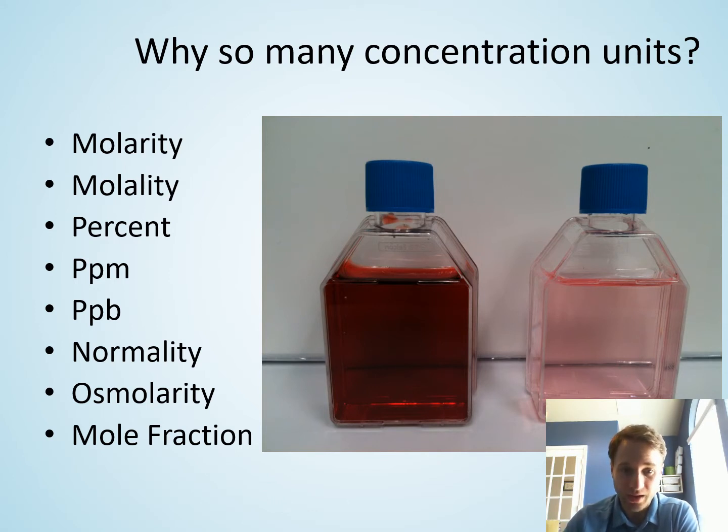Because if you were to describe those same things using molarity and molality, you'd have a very small number. So it's a lot more convenient to write it in terms of parts per billion or parts per million instead of writing these extremely small numbers like 0.00000000531 or something. So it deals with convenience in terms of what we can measure in the lab, and also convenience in terms of the actual amount of solute we have in solution.